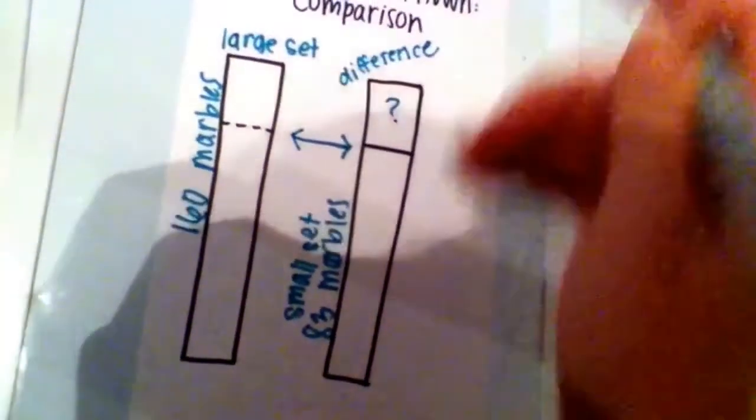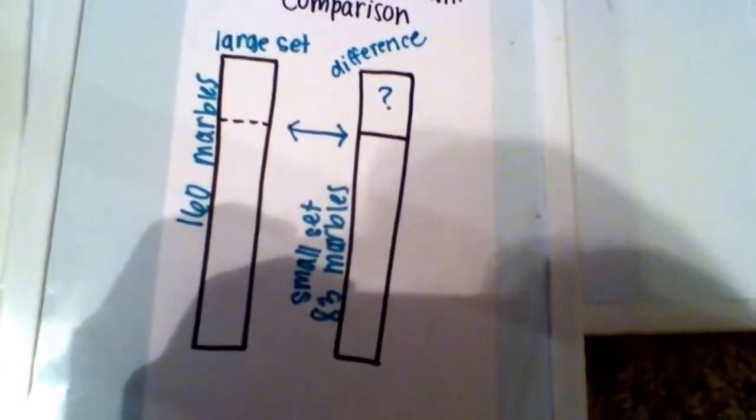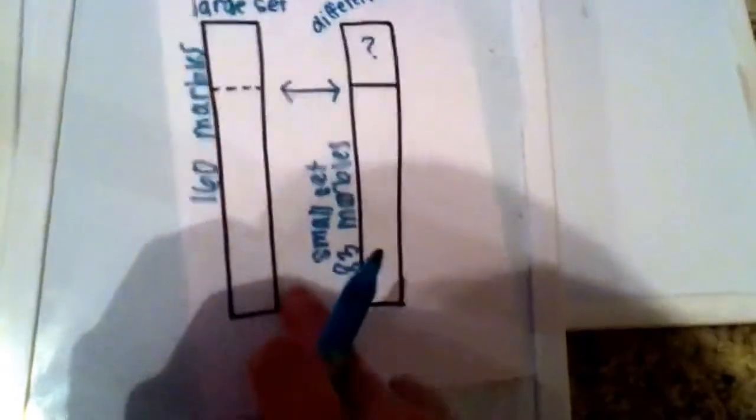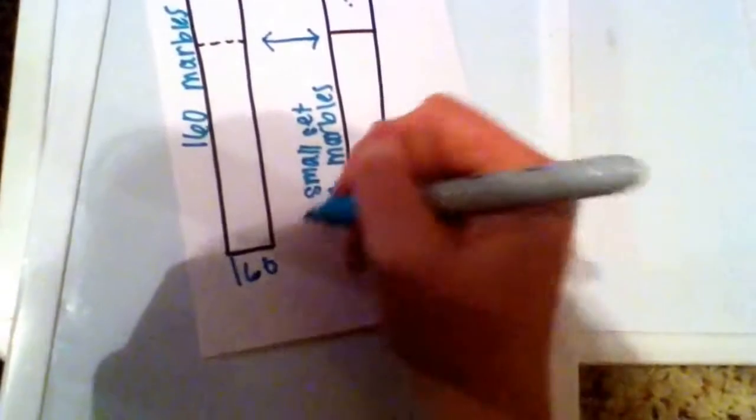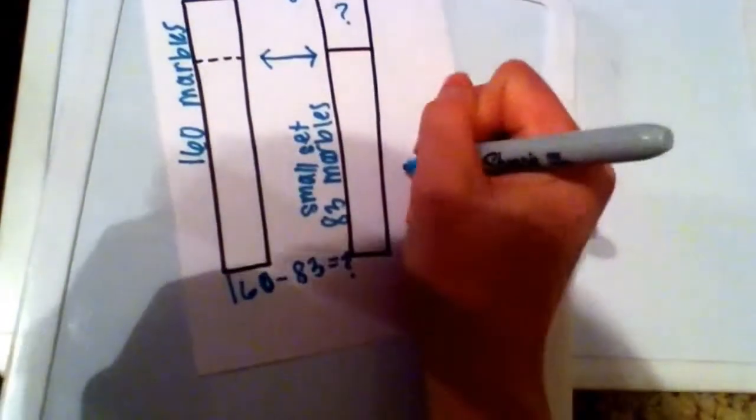So how we're going to find this out is by subtracting the small set from the large set to get the difference. So we know right here that the large set is what we're going to start with, the 160 marbles, and we're going to do subtracting the 83, and that is going to equal our difference. So how we're going to subtract this is just 160, it's an easy way to write it out, minus 83.